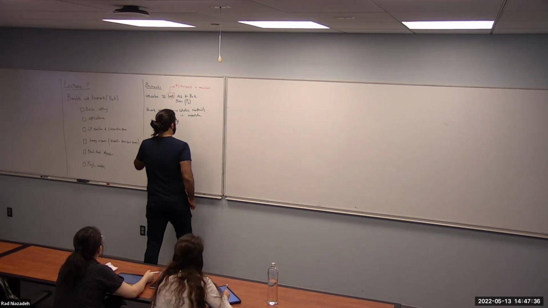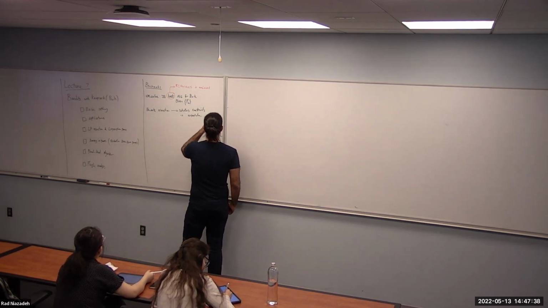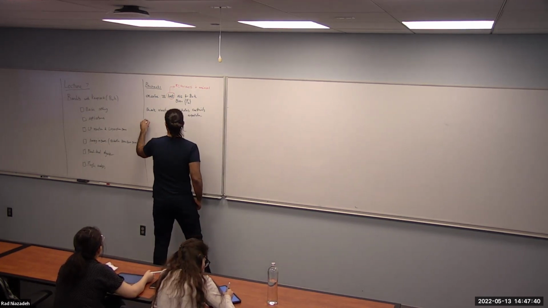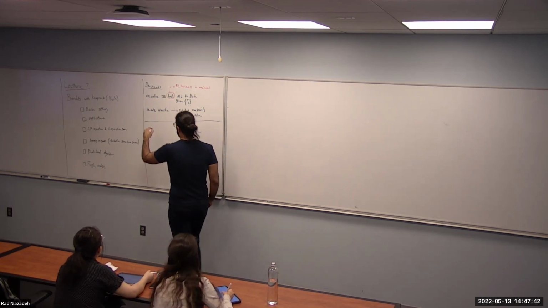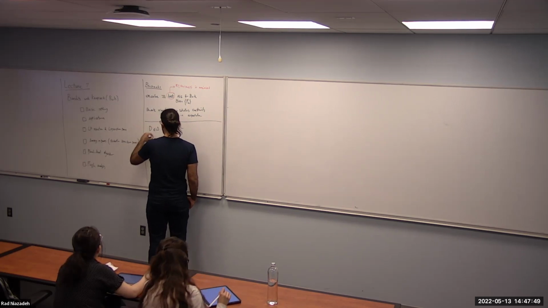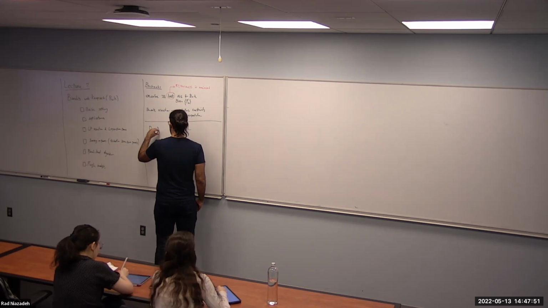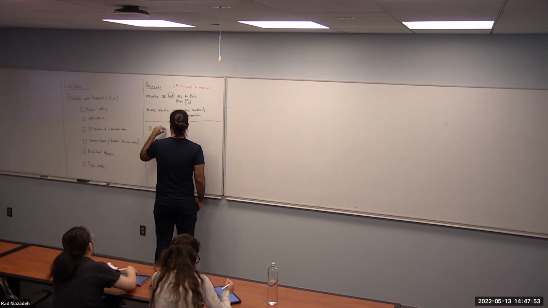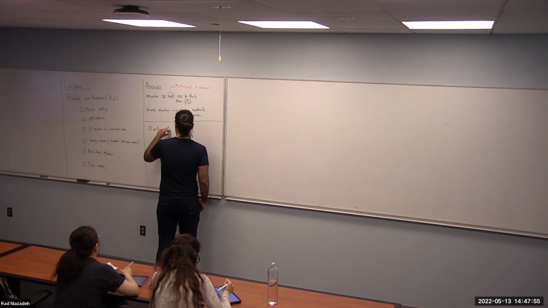So let me define this object. First, suppose D is a distribution over arms, so it is in delta K.